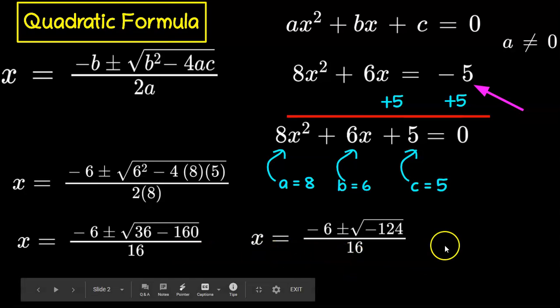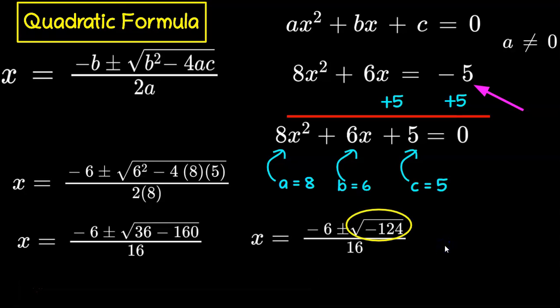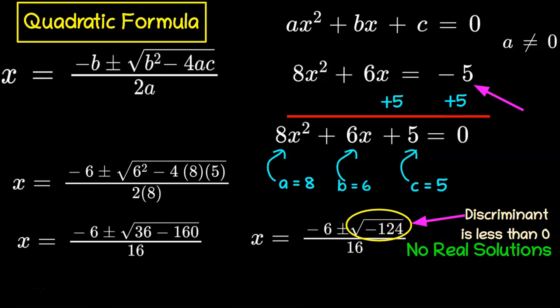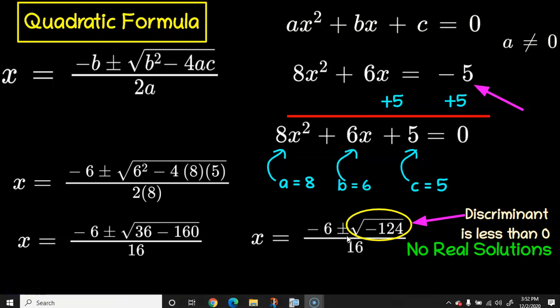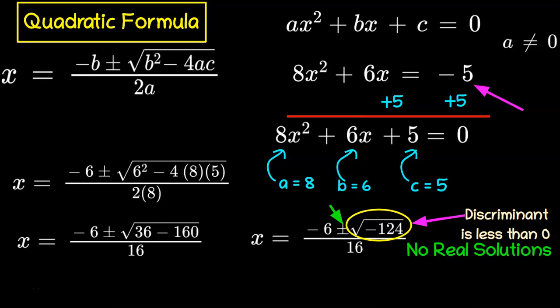And then again here, the square root of negative 124 creates a problem because our discriminant is less than 0. So again, we know that if it is less than 0, our quadratic equation has no real solutions. For the meantime, let's take the plus and minus and split them up into two separate expressions, because as we go further, we'll have to write about complex solutions.